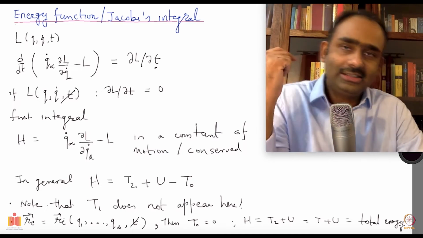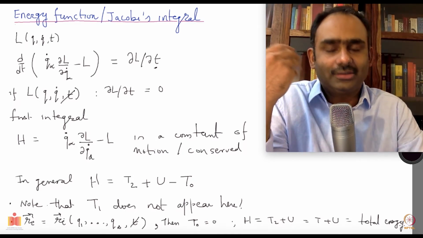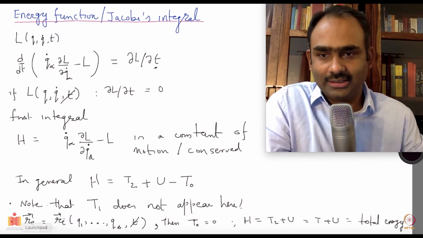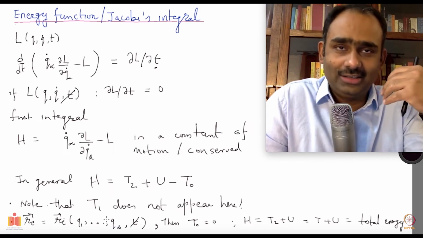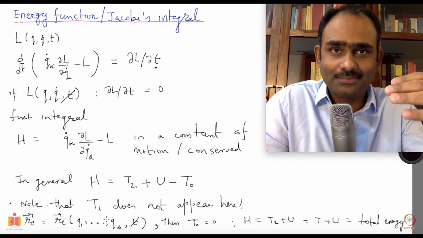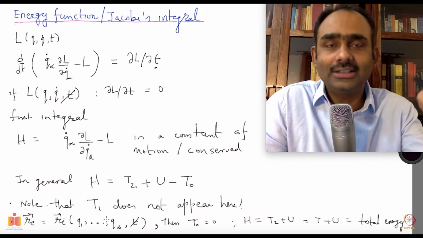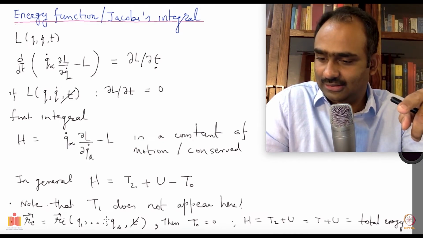Nevertheless, it's possible that your transformation from the Cartesian coordinates to the generalized coordinates involves time explicitly. Even then it is possible that the Lagrangian does not depend on time explicitly.